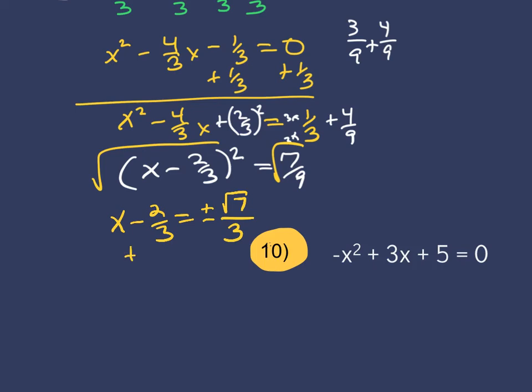Add the 2/3, and x equals 2/3 plus or minus square root 7 over 3. And you're done.